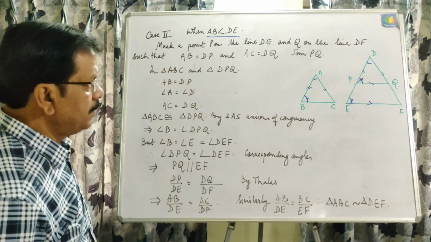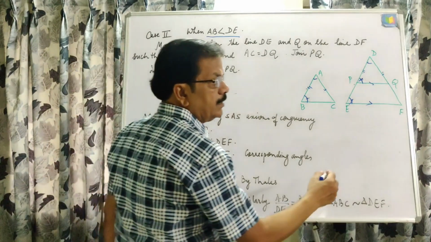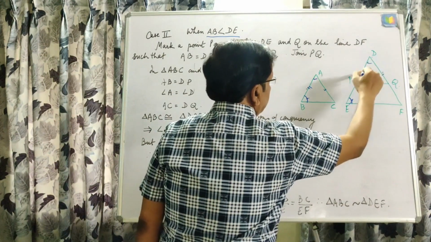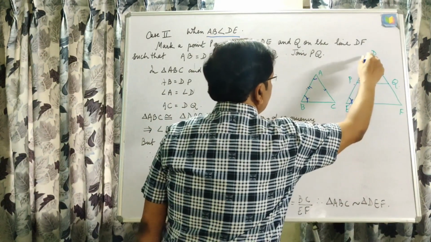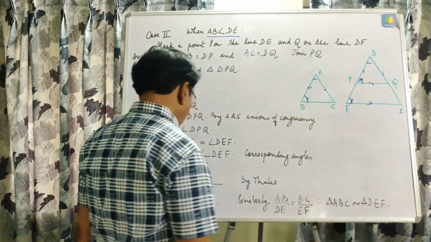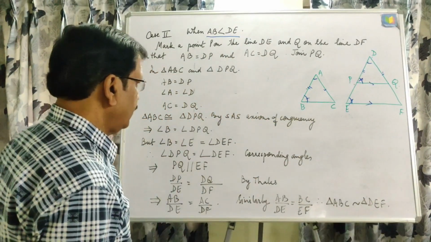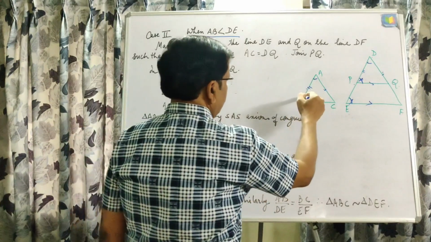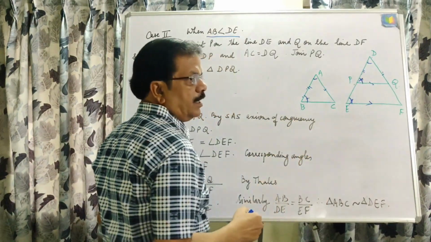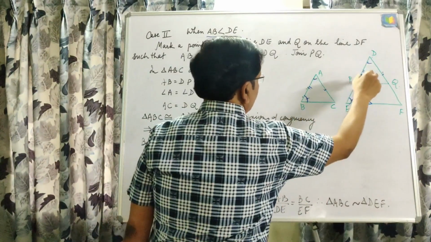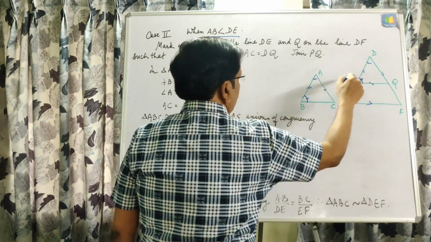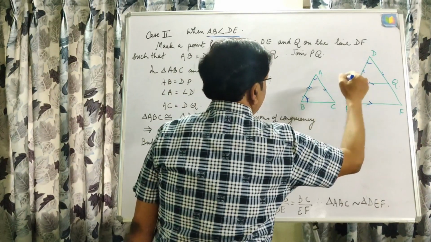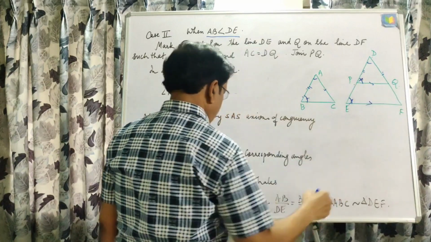And if the lines are parallel, then by Thales theorem, DP upon DE is equal to DQ upon DF. And following this way, since DP is equal to AB, which we already constructed, and DQ is equal to AC, AB upon DE is equal to AC upon DF.